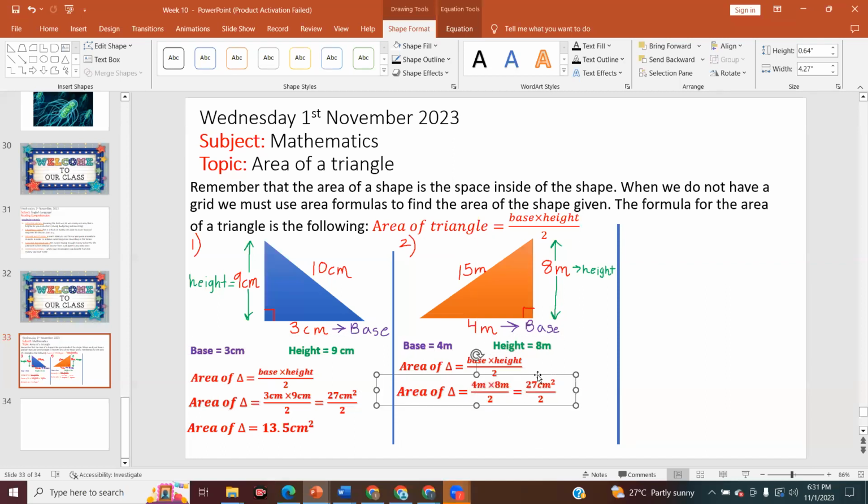Now 4 times 8 is 32. Very good. 32 meters squared divided by 2.